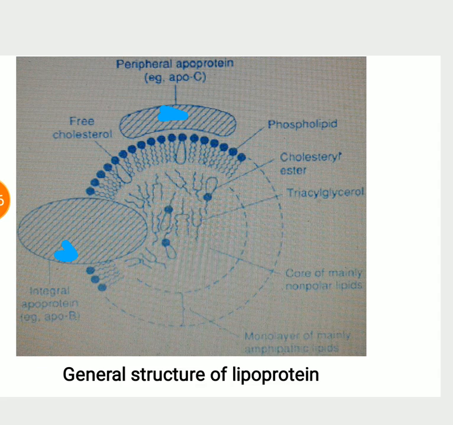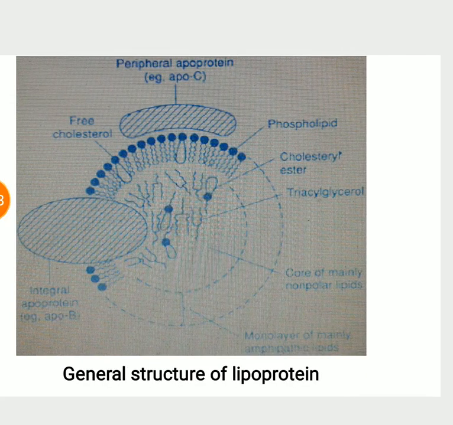Then afterwards, we also have TAGs. The way you can see them, they are inside. They are hydrophobic. Then we also have esterified cholesterol, and you're also seeing the unesterified cholesterol within the monolayer. Let me proceed.